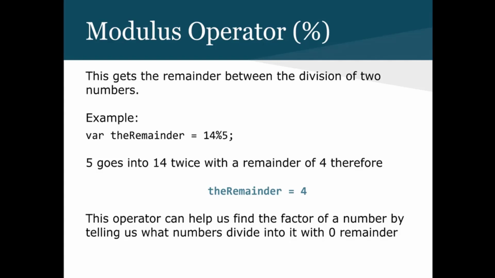It divides it and finds out what's left. The modulus operator can help us find the factor of a number by telling what numbers divide into it with a 0 remainder. So if I did 15 modulus 5, I'd get the value of 0 because 5 goes into 15 evenly. And that might be useful for you if you're doing something that requires that information.